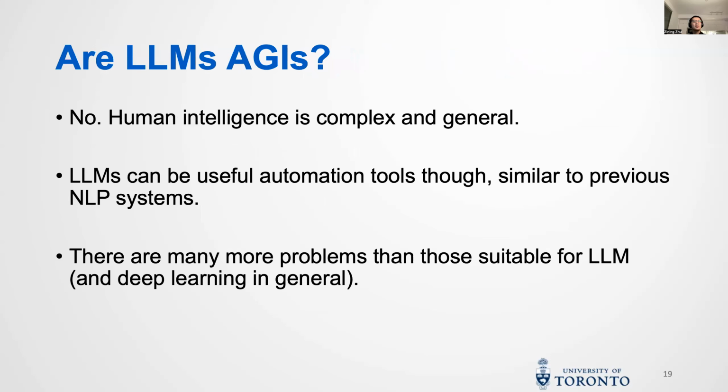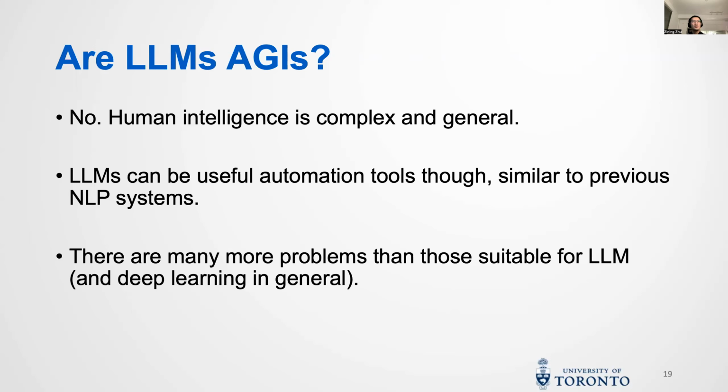Are large language models artificial general intelligences? Absolutely not. Human intelligence is complex and general. Large language models can be useful for automation tools. But previous natural language processing systems can also be used for automation tools as well. It depends on what task you want to use them for. There are some trade-offs in controllability and capability.